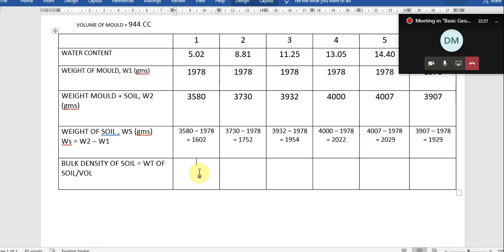So for the first trial, bulk density is equal to the weight of the soil, 1602, divided by the volume, 944. So what is the density?